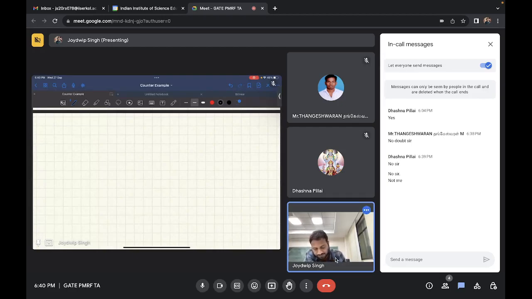So I think the question was that you have to find the integration over some contour C of tan z by z, where C is the contour of all such z such that mod of z minus 1 equals, I think, 2.